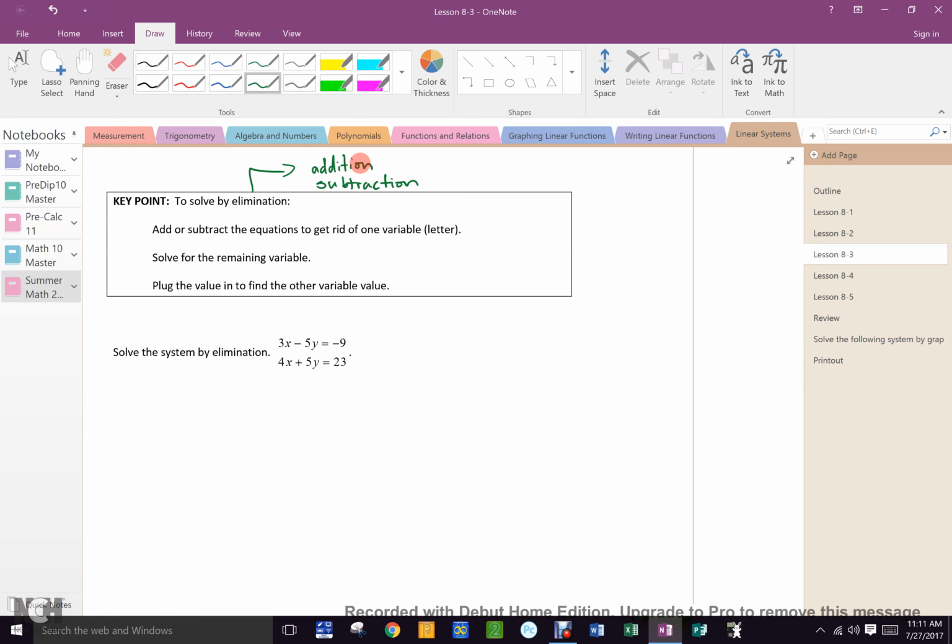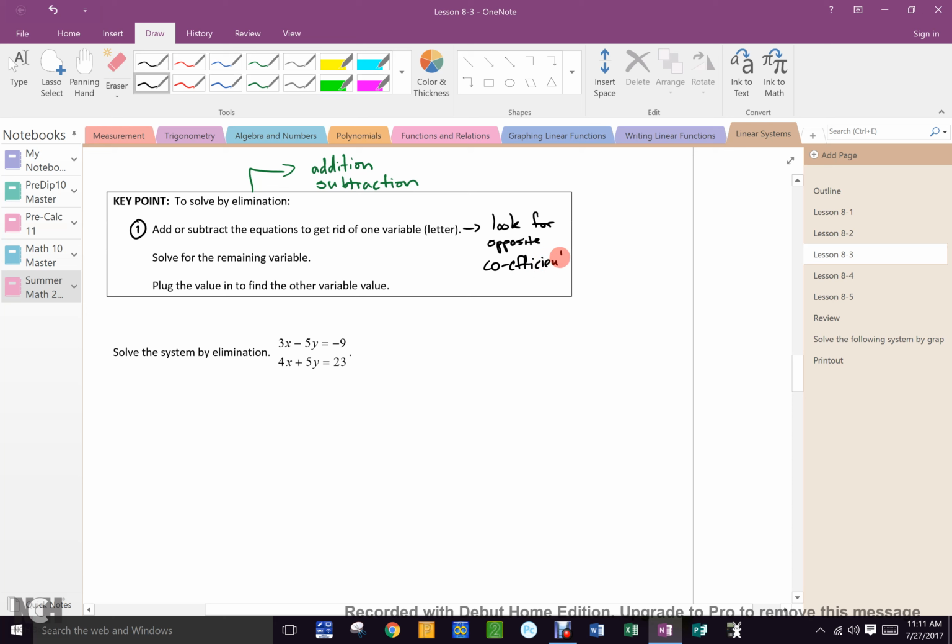So, step 1, which I will do in black: add or subtract the equations to get rid of one letter. Now guys, there's a hint here that I didn't type in. Look for opposite coefficients.